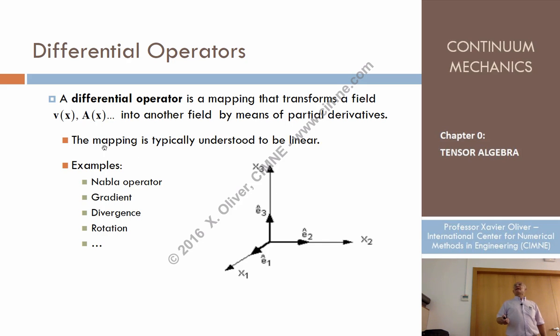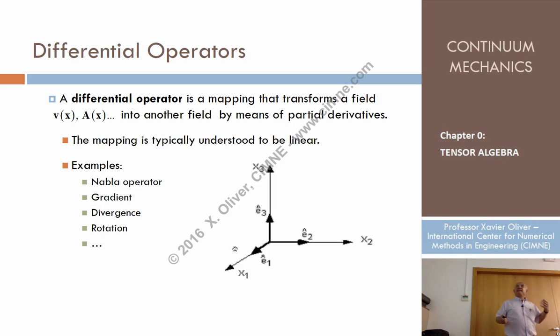Then it makes sense to ask: if something depends on x1, x2, x3, what is the derivative of this something with respect to x1, x2, or x3? So we can take derivatives of these tensor entities with respect to the space.